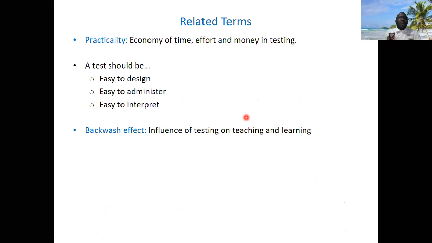But there's what we call practicality: economy of time, effort, and money in testing. So is it practicable? Something can be valid and reliable, but not practicable, especially in a certain context. And that is what we usually have in our environment.